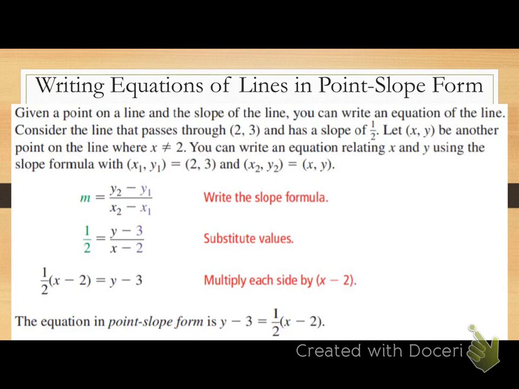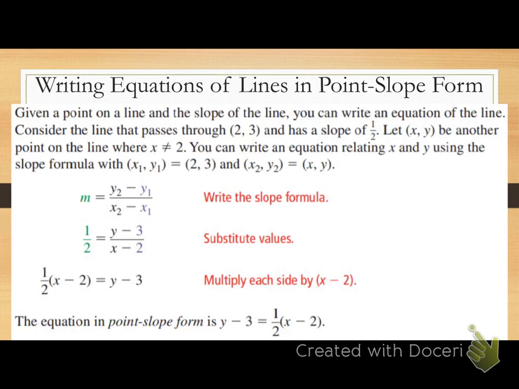That's what they're doing right here. Does everyone see that? They plugged in the ordered pair 2, 3 for x1, y1, x, y for x2, y2, and 1/2 for my slope. Everyone see how they plugged in right here? So, multiplying both sides by x minus 2 gives me this right here.